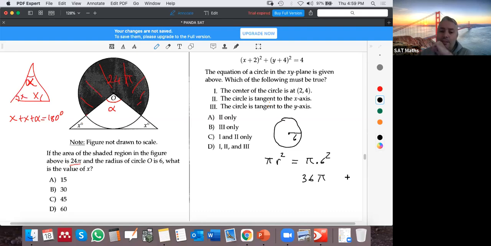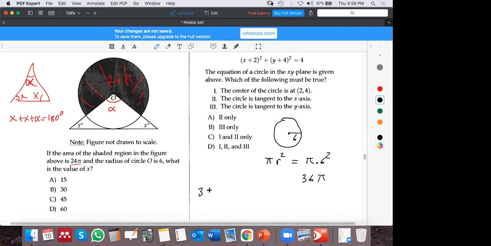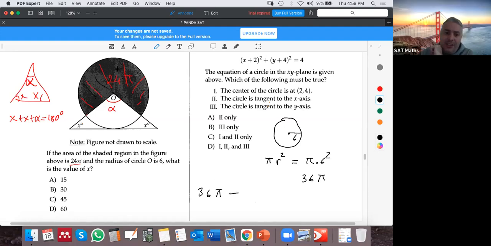Yes, sir. So my logic is this now. The whole circle minus this shaded region, 24 pi, is equal to the area of this sector, the green area.